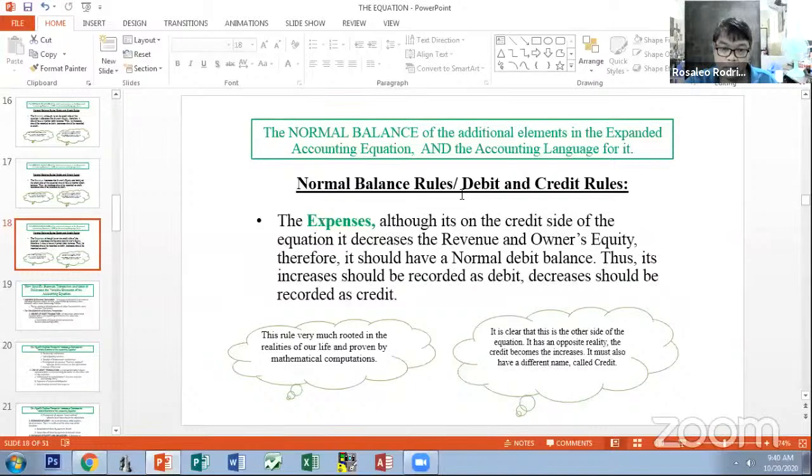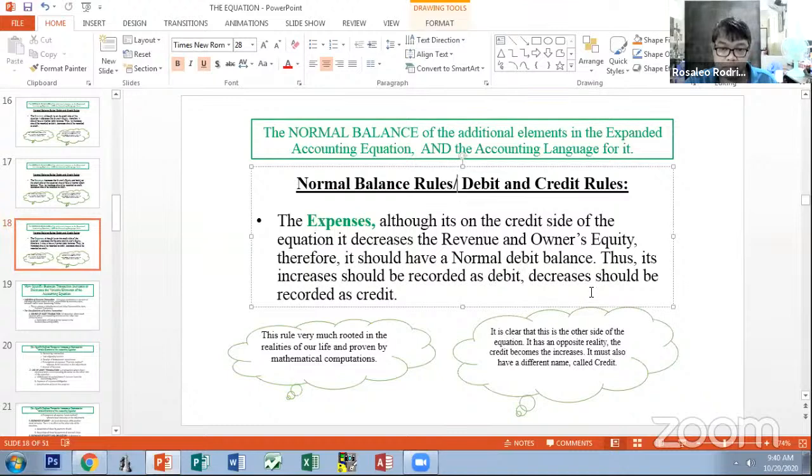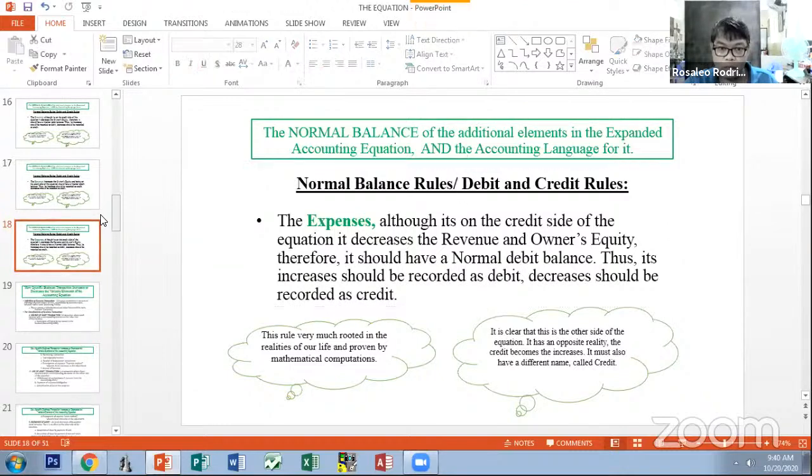You better not be lazy, and be industrious in answering those different transactions, and ultimately you will arrive at the complete accounting cycle, the steps in the accounting cycle. It's good that you will be able to complete that, to prove that you can do it, and arrive at the correct financial statements. Of course, you will learn these financial statements later on in another topic.